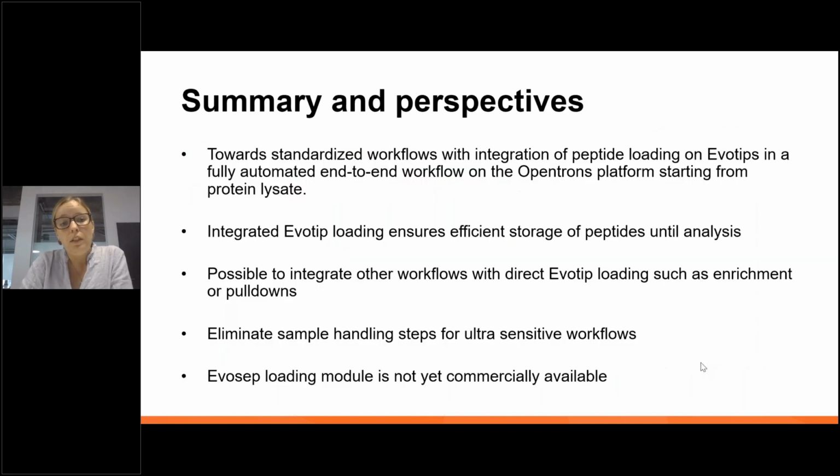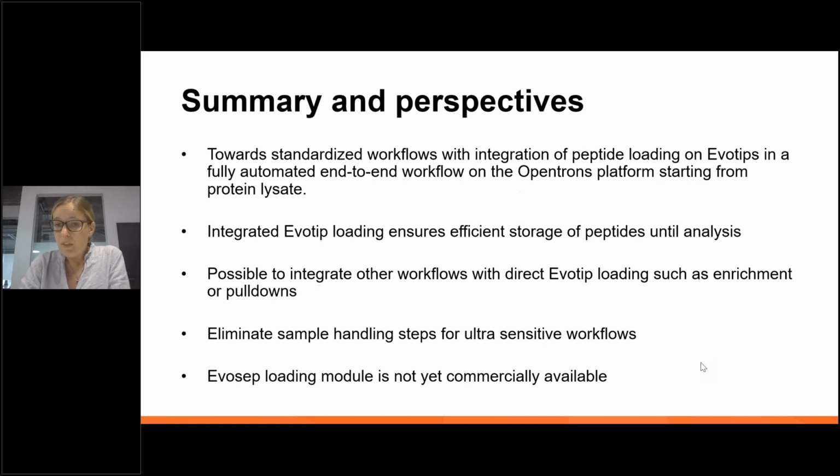So in summary, I think we are definitely moving towards standardized workflows with the integration of the peptide loading on Evotips with a completely hands-off workflow on the Opentrons, starting from a protein lysate. The integration of the Evotip loading ensures the efficient storage of the peptides until analysis.